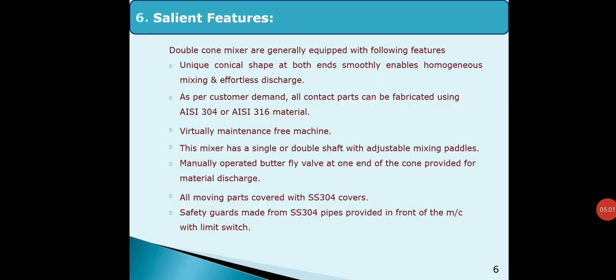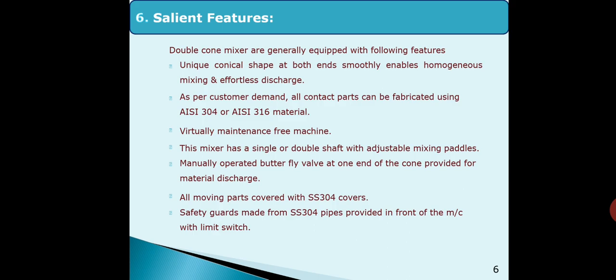Salient features. There are various features of double cone blender. As both its ends are smooth, homogeneous mixing is achieved and effortless discharge is achieved by opening and closing of the butterfly valve. As per customer demand, all the contact parts can be fabricated with AISI 304 and AISI 316 material.